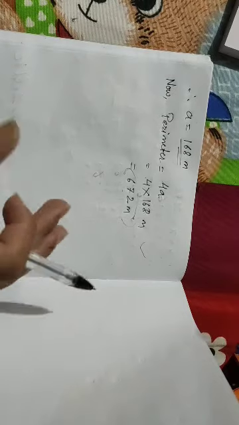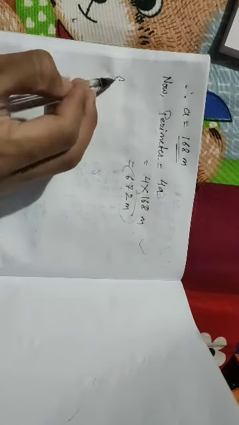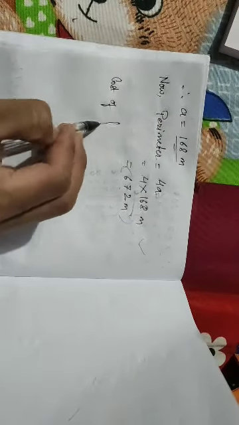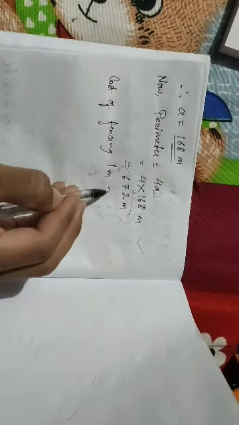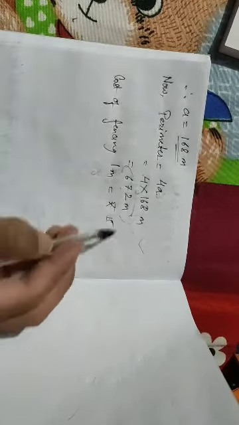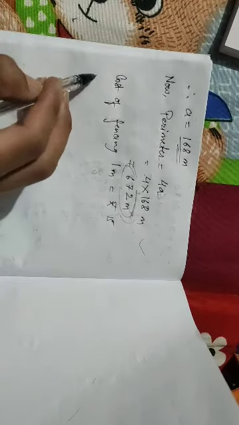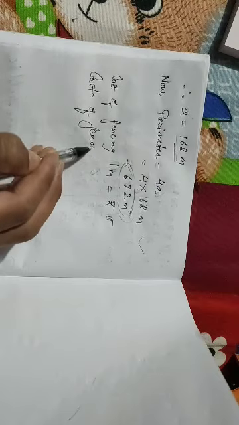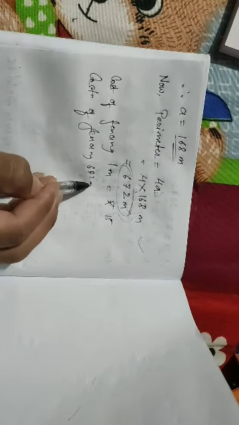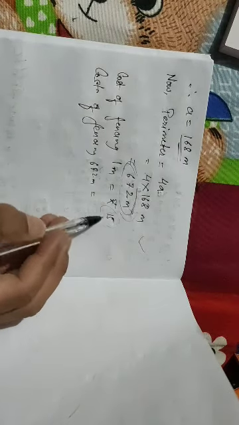So what is the cost of 1 meter? The cost of fencing 1 meter equals rupees 15. So we are fencing 672 meters. So the cost of fencing 672 meters is equal to how much? For 1 meter, this is this much.